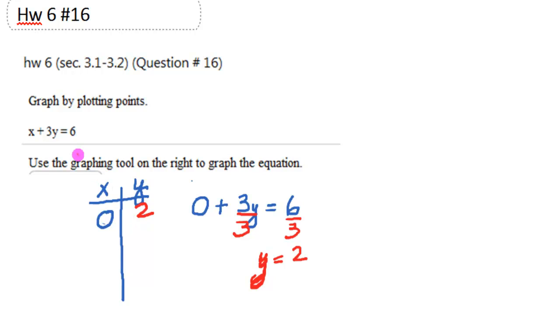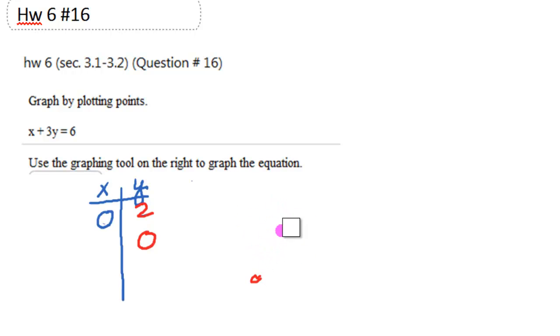Now, this time around, instead of setting x to 0, because we've already done that, let's set y to 0. Okay? So you set y to 0, substitute in here, and then we're going to solve for the x that goes with that. Okay, so I'm going to erase this work over here. Alright, there we go. x plus 3, and then where y is, we have a 0, equals 6.